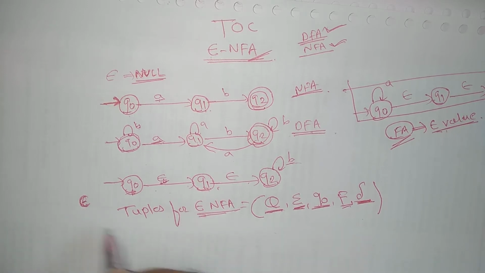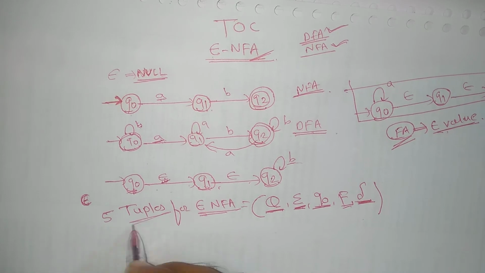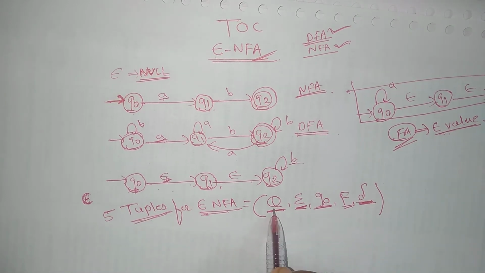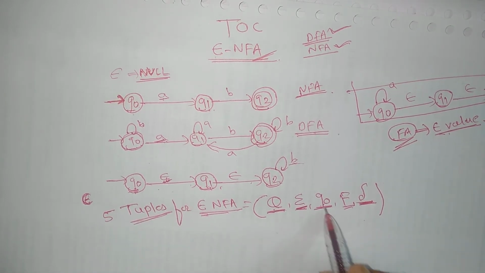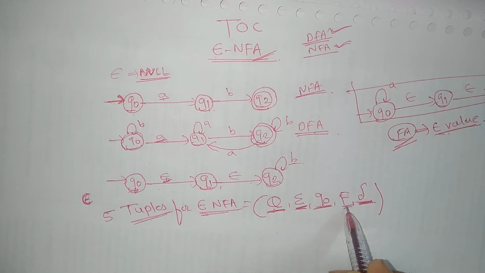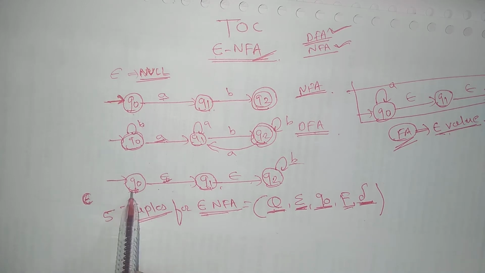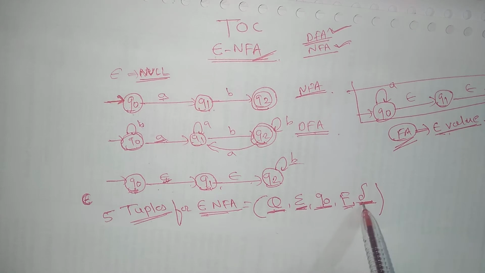How many tuples are there? There are 5 tuples. What are those? Number of states, input symbol, starting state, final state, and delta transition. Transition: the state, what type of input it will take and where it is going. That is nothing but the transitions.